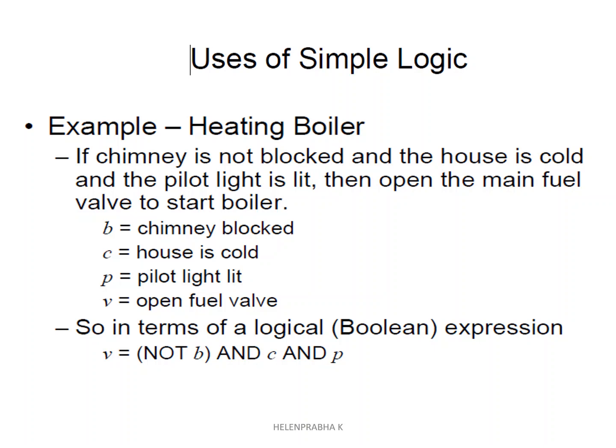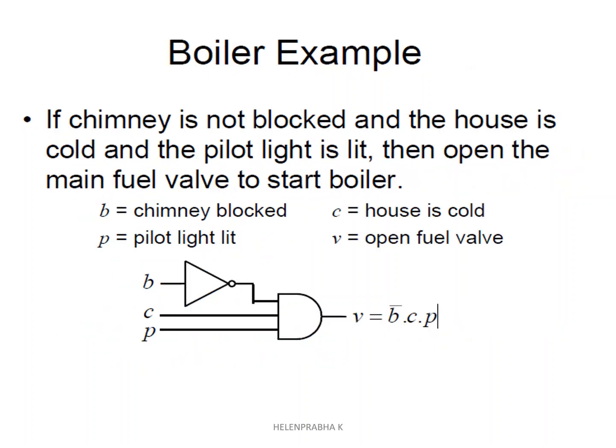So chimney is blocked, we can write B bar, and house is cold and pilot light is lit. So this is the way we can write the expression: V is equal to not B and C and P.